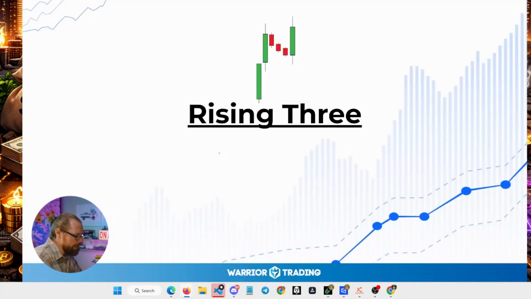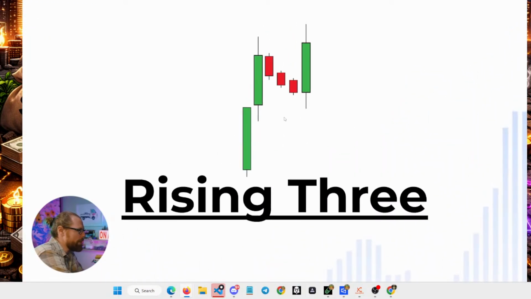And now this one is starting to get into a pattern that may be more familiar to you. It's called the rising three. So the rising three essentially occurs when you have at least one green candle here. You want to see one green candle, then three candles of pullback before the next candle moves higher.